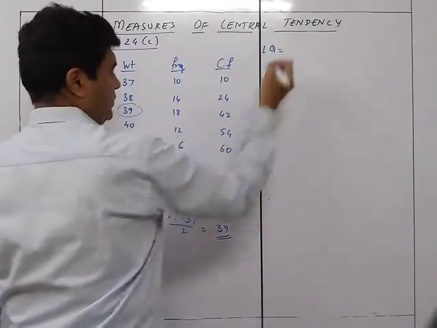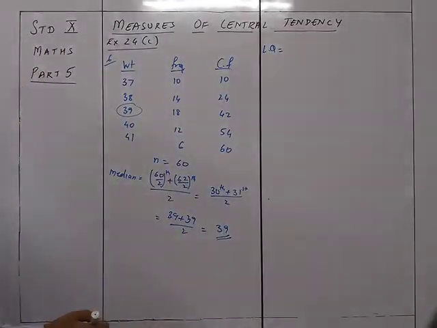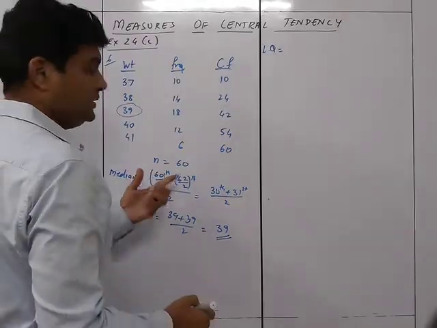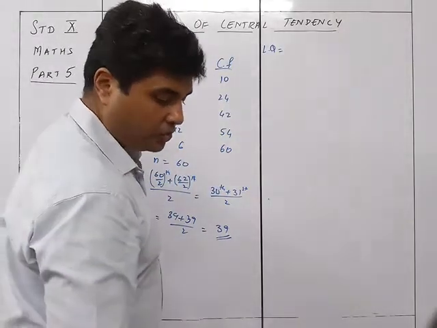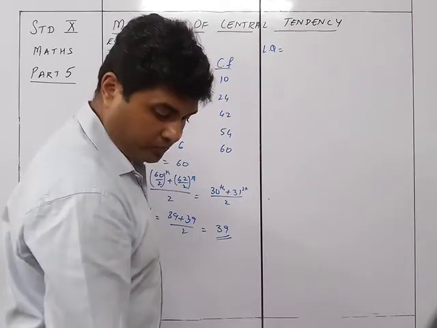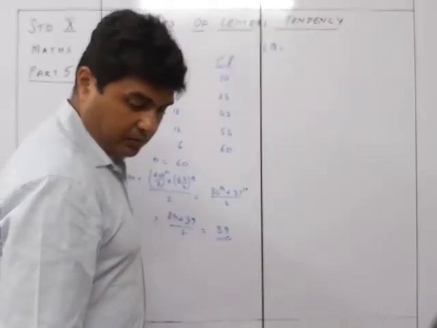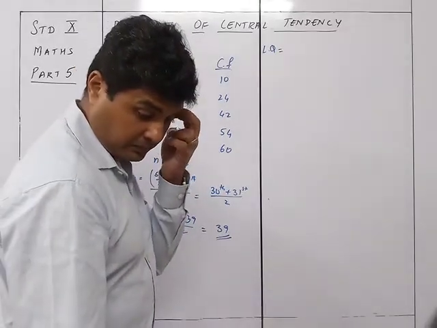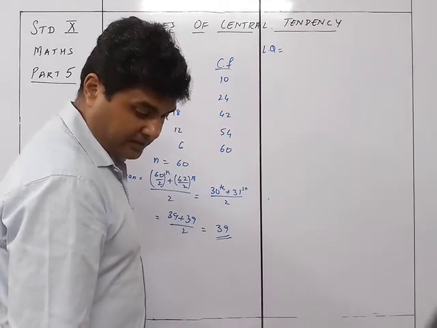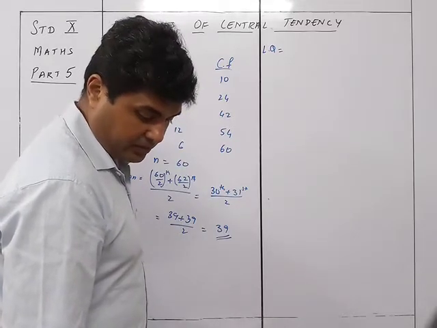Lower quartile will be equal to, now again the same way we are going to take the values. N is 60, so for the lower quartile we are going to use the formula. You can take it directly or let me check.